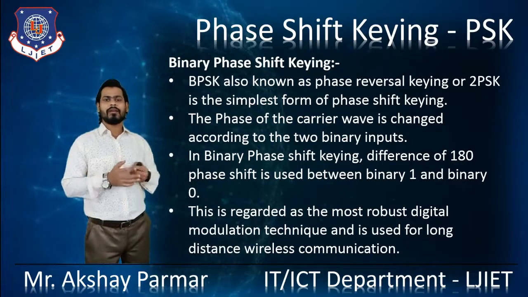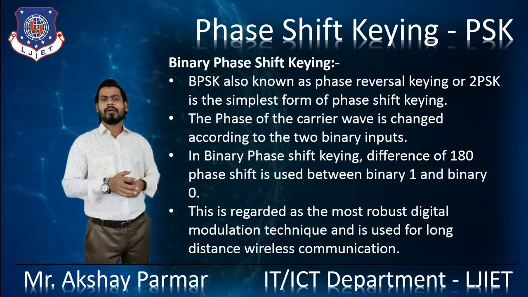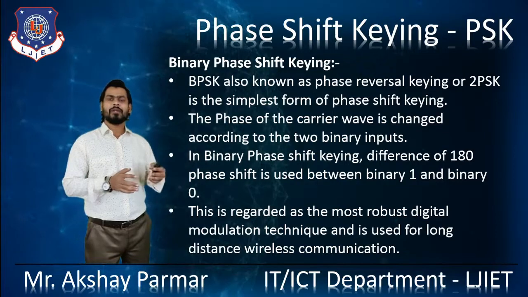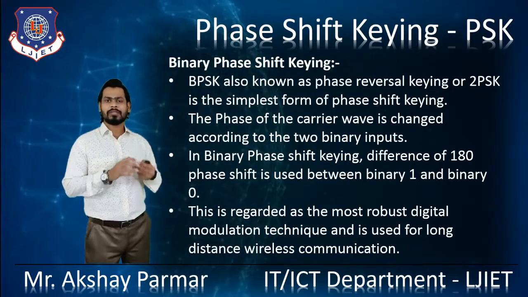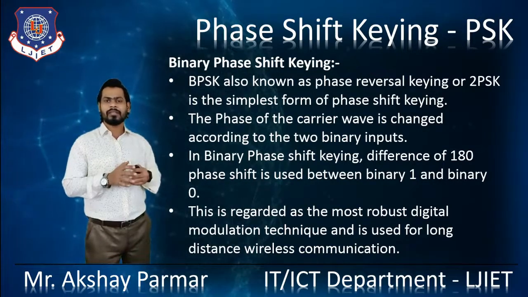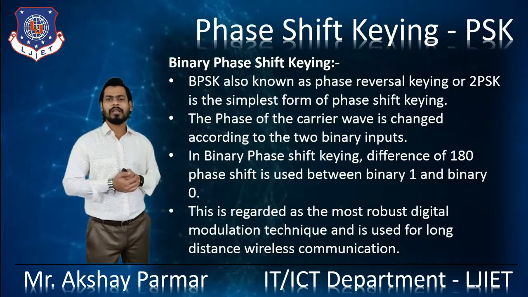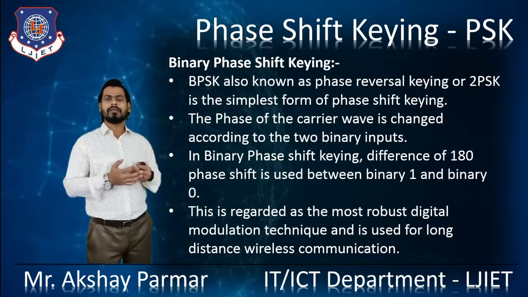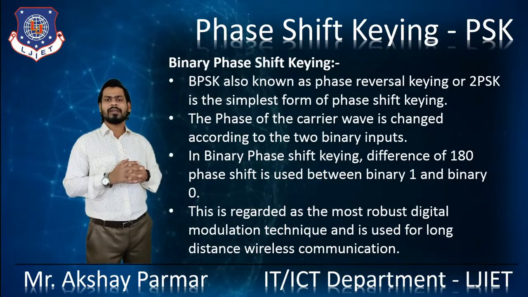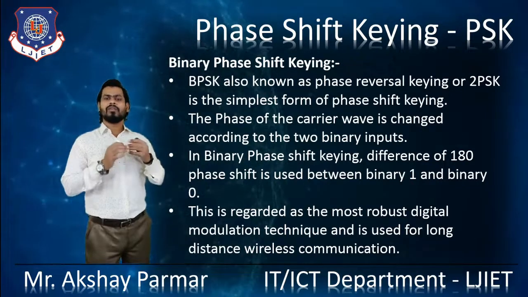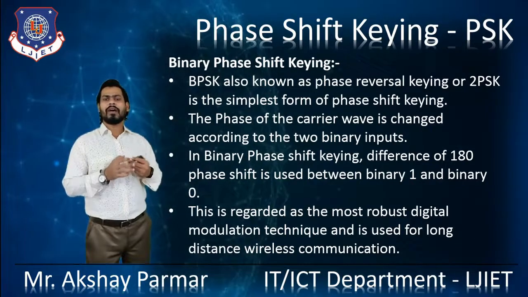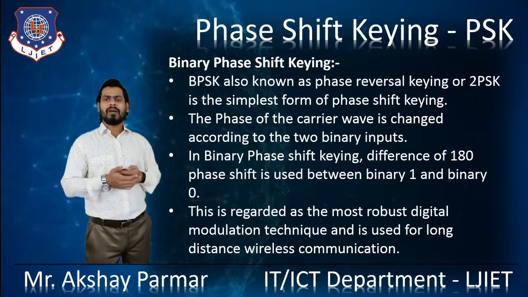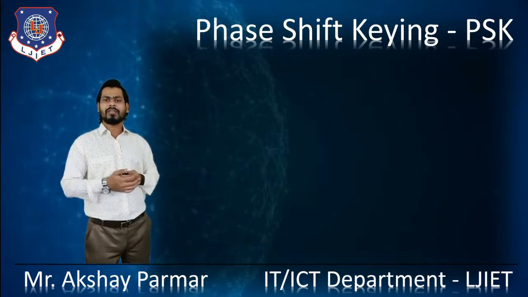So whenever bit 0 is encountered after bit 1, we shift the phase by 180 degrees. This is regarded as the most robust digital modulation technique, and it is used for long distance wireless communication.